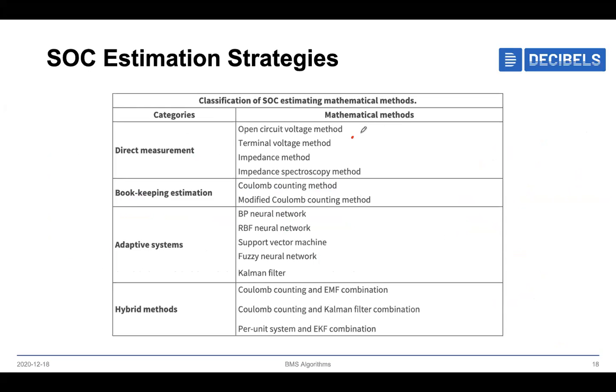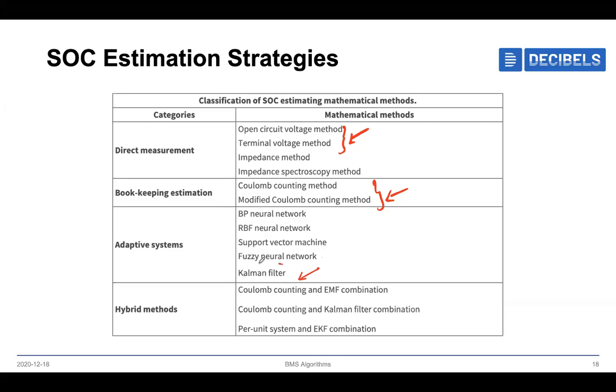One is the voltage-based methodology, also called the voltage lookup table-based methodology. Another one is the Coulomb counting-based methodology, or current integration methodology. Both are the same. In the adaptive systems, we have different types of BP neural network, RBF neural network, fuzzy neural network methodologies, and Kalman filter.